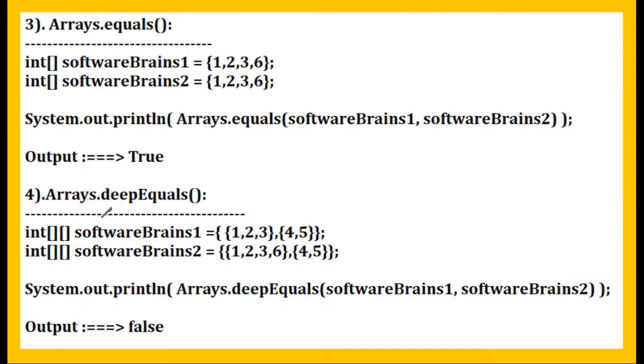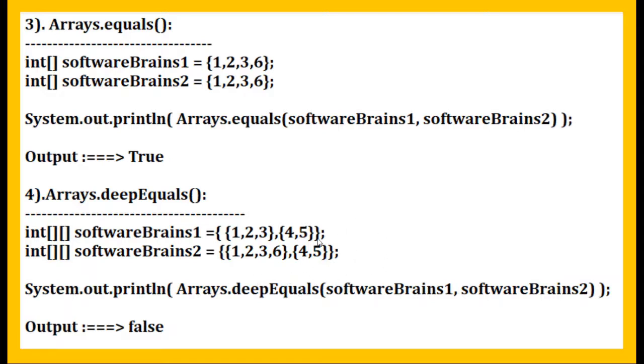The next method is Arrays.deepEquals. As I have told you earlier, this method is similar to the equals method, but the only difference is that equals works for single dimensional arrays and deepEquals works for multi-dimensional arrays. See here, we have taken an array softwareBrains1 with 1, 2, 3, and 4 and 5, two sets, right? Similarly the second array is 1, 2, 3, 6, comma 4, comma 5. This is a multi-dimensional array.